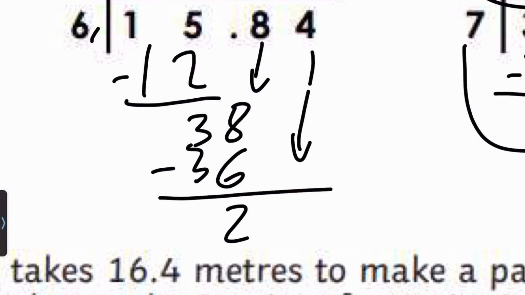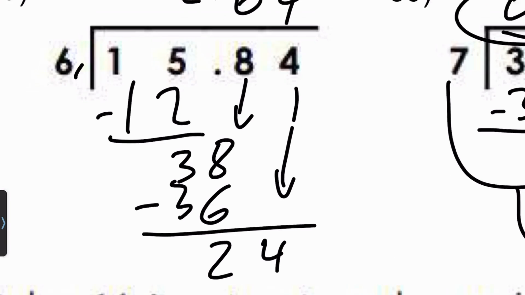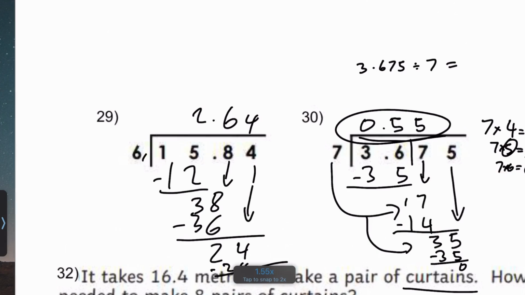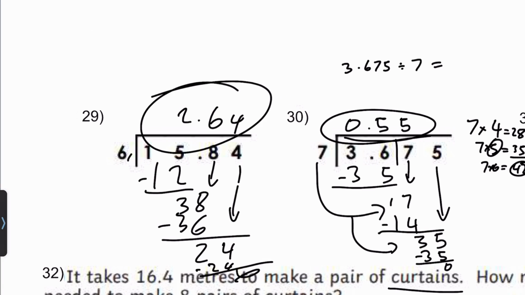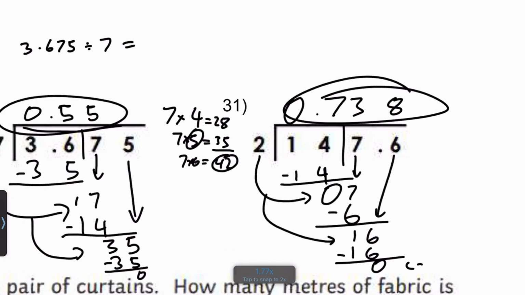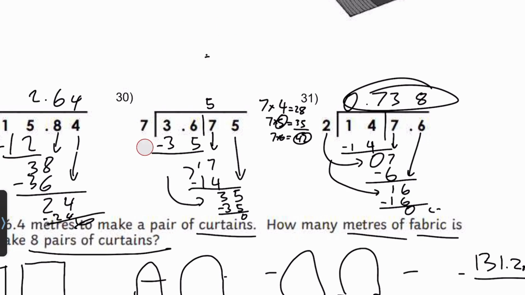We can bring down the 4. How many times does 6 go into 24? 4 times. Well, 6 times 4 is 24. There's no remainder. That's your answer. 2.64. And I'm going to do all of these again.